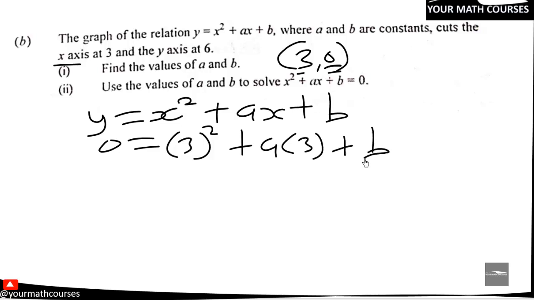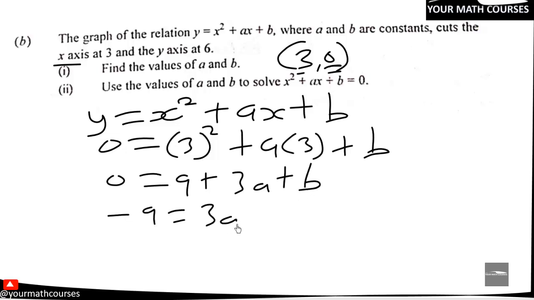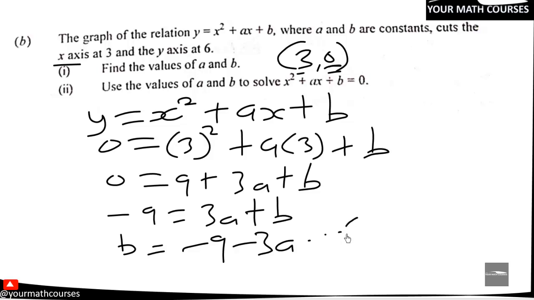This will give us 0 equals 9 plus 3a plus b. So negative 9 will be equal to 3a plus b, or b is equal to negative 9 minus 3a. We can call this equation 1.